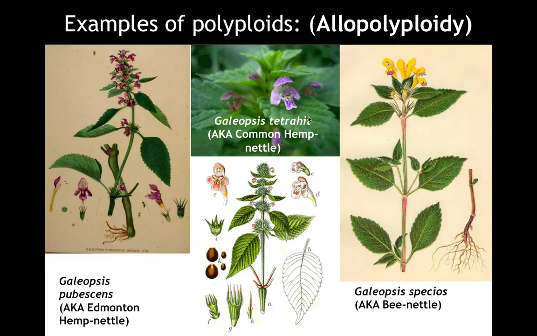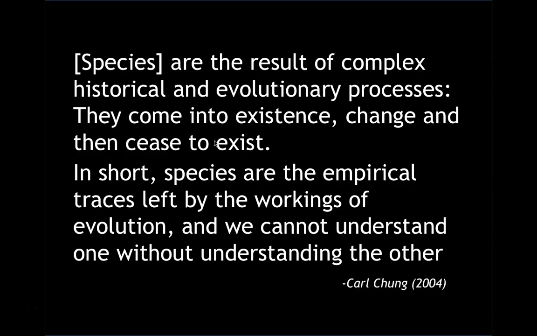It's a hybrid species that resulted from the hybridization between the gametes of an Edmonton hemp nettle and a bee nettle, and it is now genetically distinct, morphologically distinct, and its own unique species. So again, a case of sympatric speciation that arises really quickly.